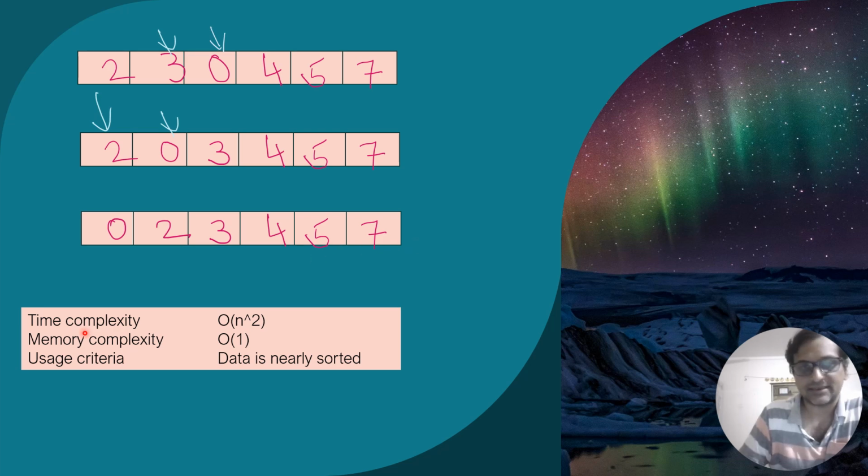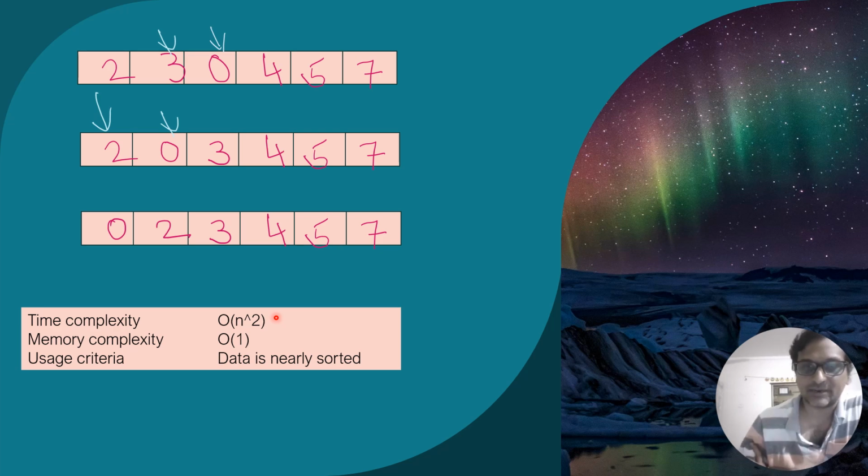Now if we realize insertion sort, the worst case complexity is O of n square. That's because we in this case use two loops, one the inner loop where we move from left to right, and one is the outer loop where we again move from left to right. But in addition to the inner loop where we move from left to right, we also have an inner loop where we move from right to left, right?